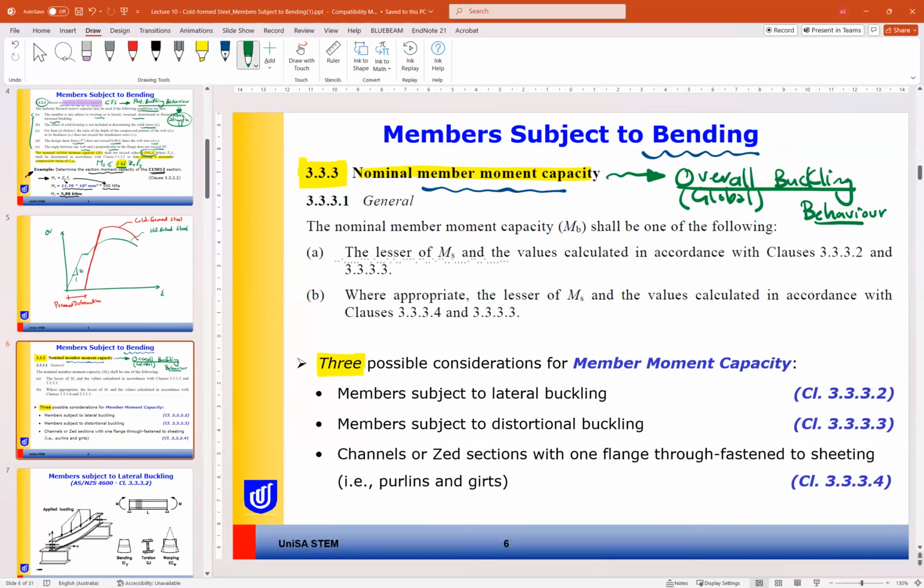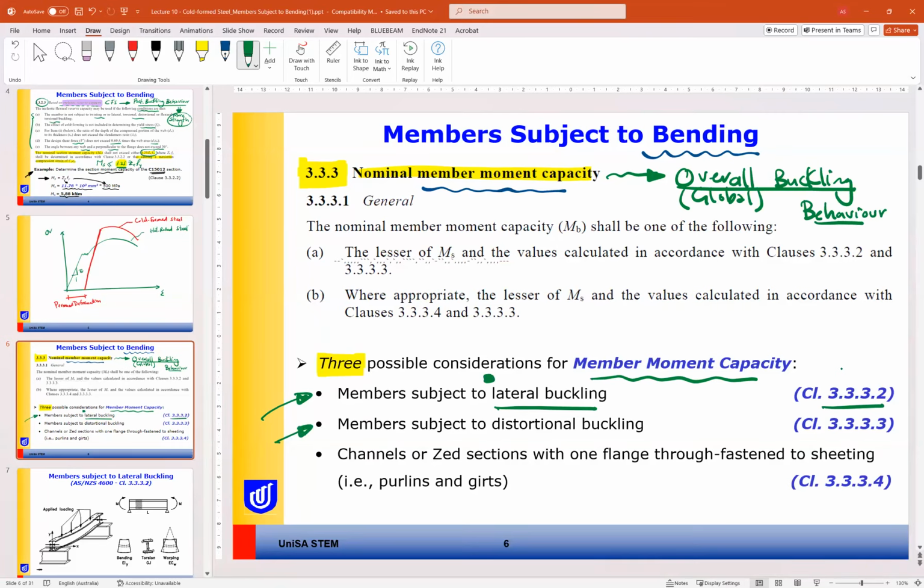For the global buckling behavior in cold formed steel, we can have three cases. The first case is a member subjected to lateral buckling, which is covered by clause 3.3.3.2.